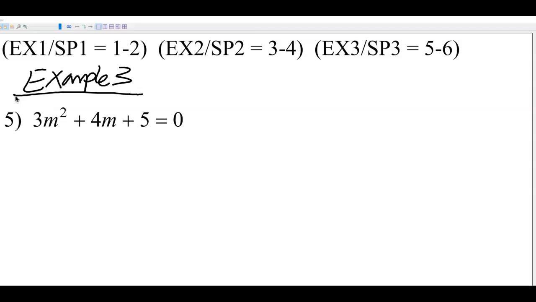Okay, so it looks pretty chill up front, but the I thing's going to come up as we're working on this. So we have the A is 3, we have our B is 4, we have our C is 5. So we have our quadratic formula.